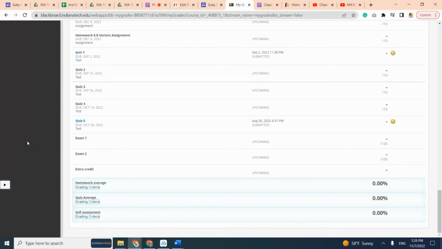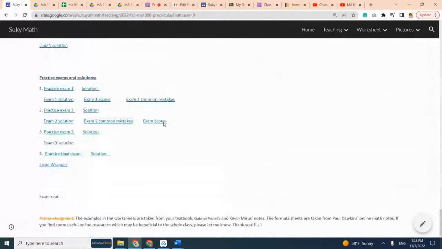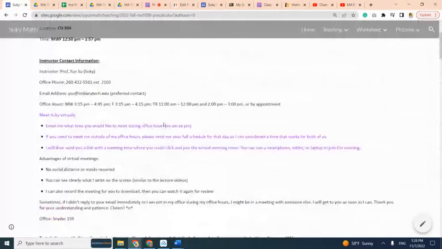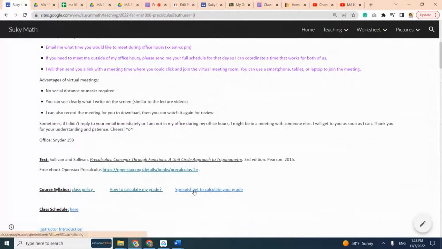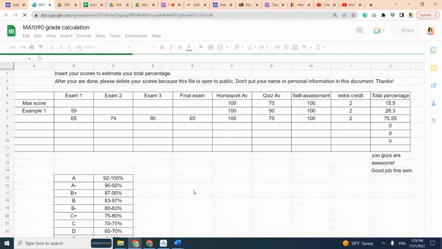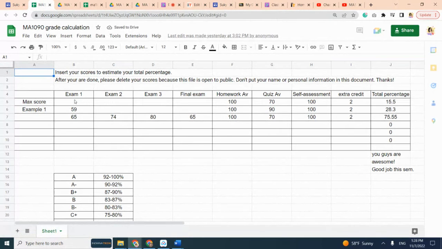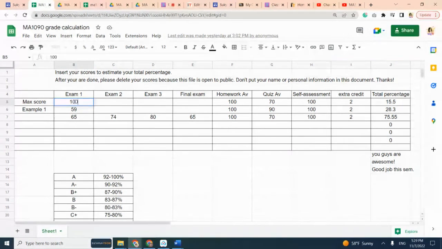Okay. And then, on our website, we go up. Do you see the spreadsheets to calculate my grade? Okay. So here you can play with that. Our exam 1 maximum score is 100, exam 2 100, exam 3 100, final exam 100.